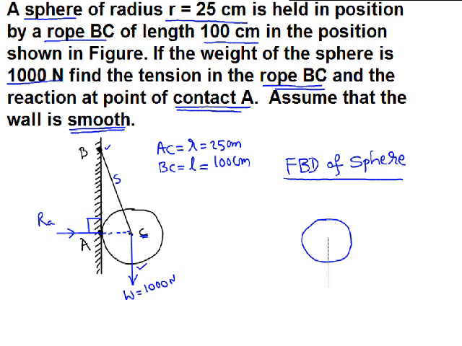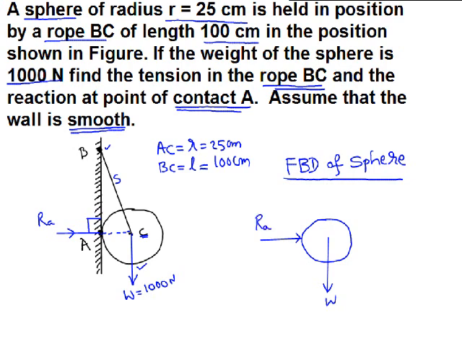One force is the force of gravity, going vertically down, which we represent by W. The second force is the reaction RA, touching the sphere as shown here.